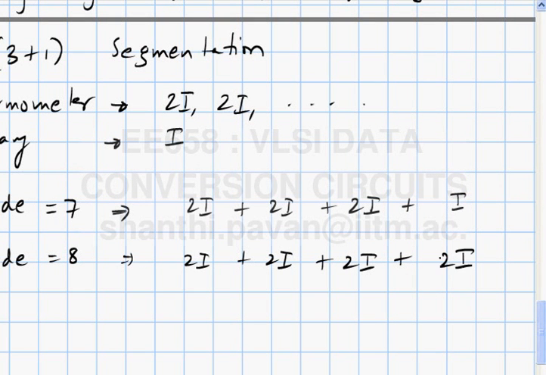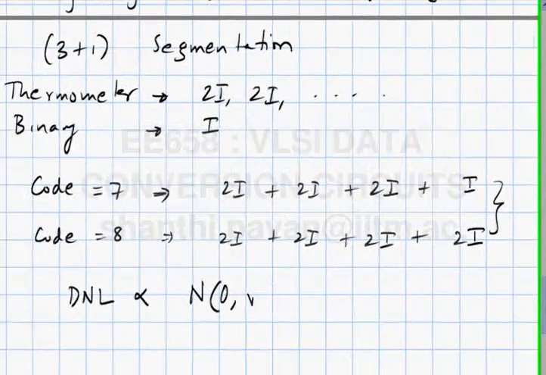Okay. So when you subtract it out, you are subtracting the difference between a current source of value I which was on, you are turning it off, and instead turning on a current source of value 2i. So the DNL is proportional to N0 root 3 sigma.